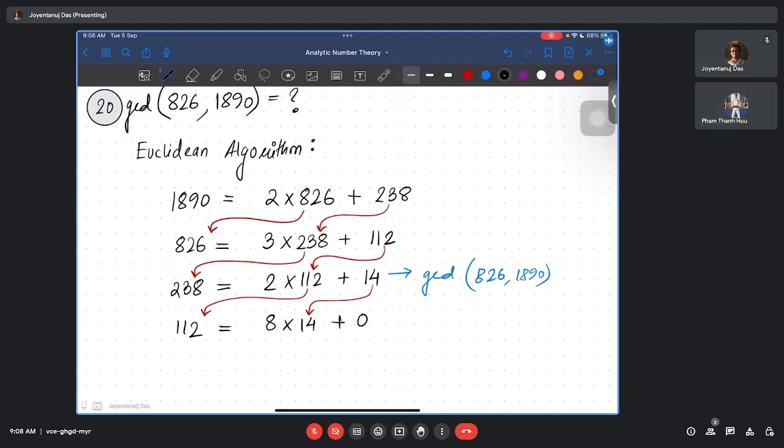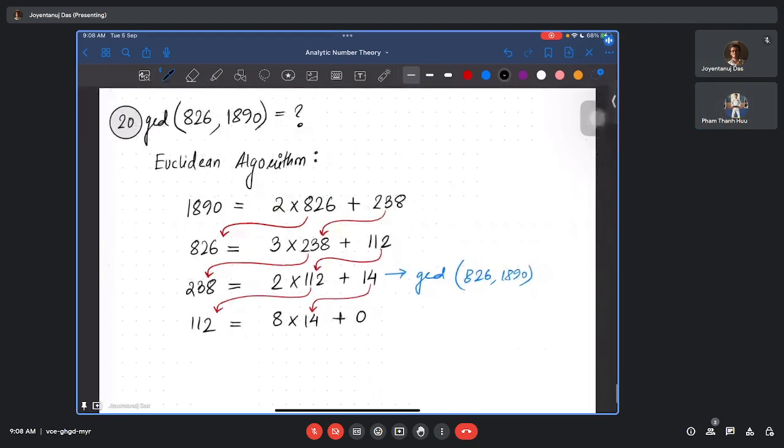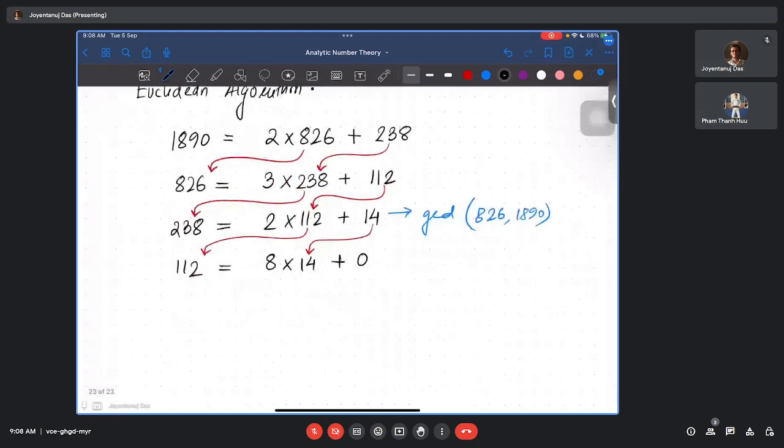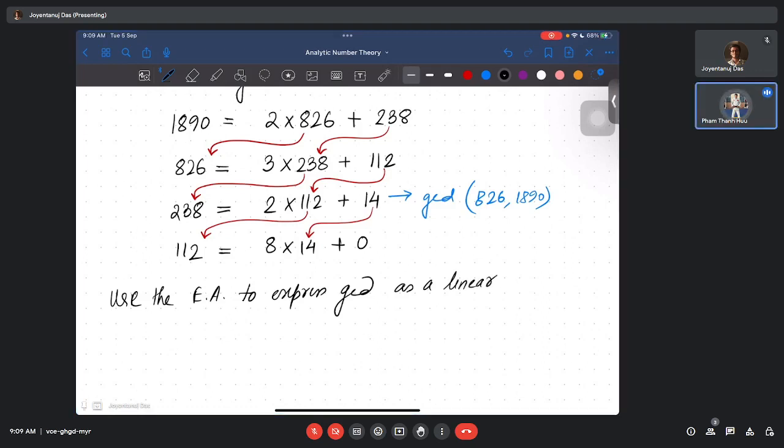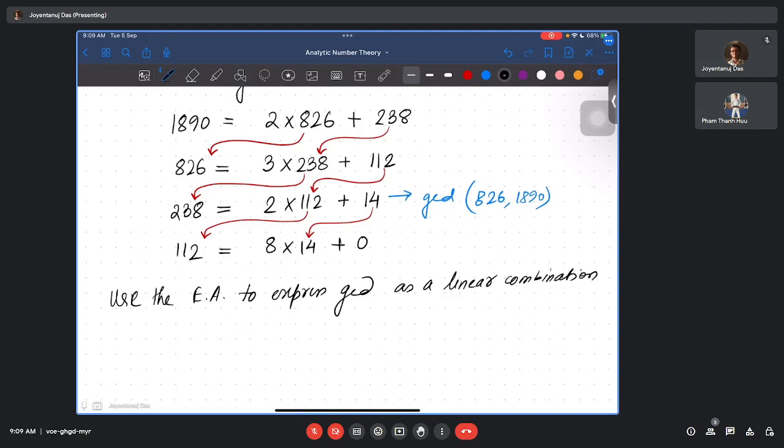So now, suppose you want to find the linear combination. So use the Euclidean algorithm to express the GCD as a linear combination of the two numbers 826 and 1890.